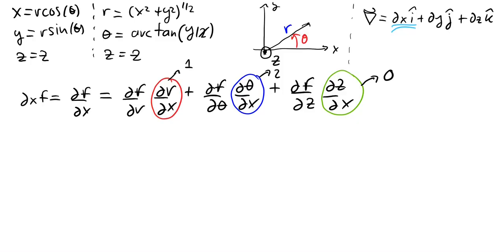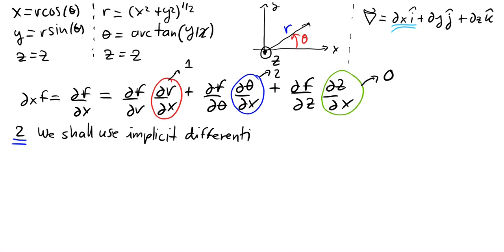We will now use implicit differentiation to get the derivative of theta with respect to x. From the inverse relations, we see that the tangent of theta is calculated as the quotient between y and x.